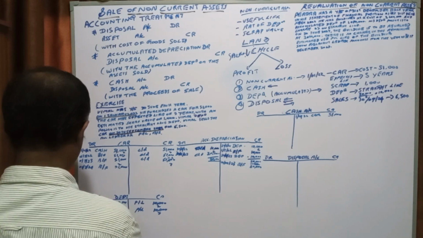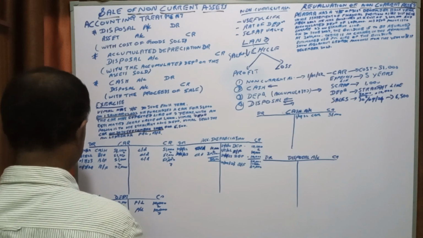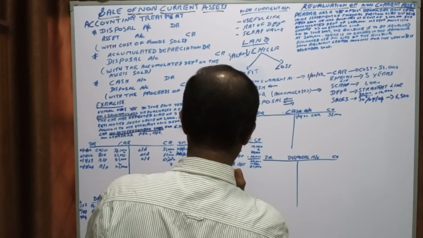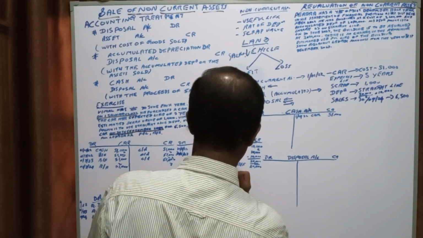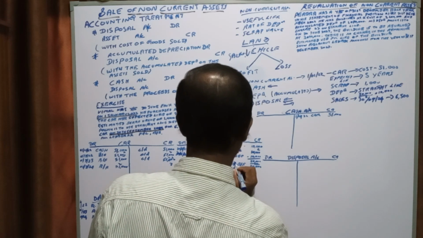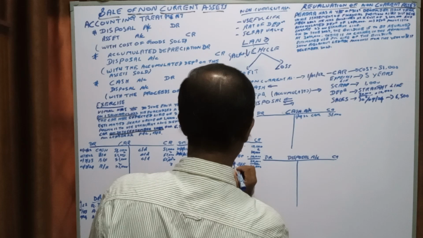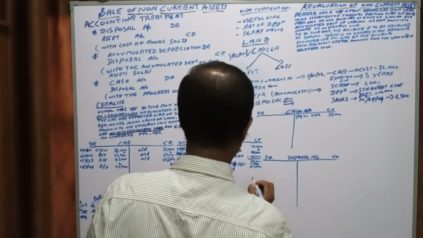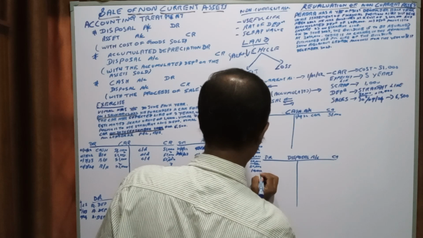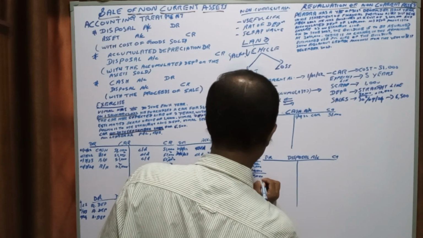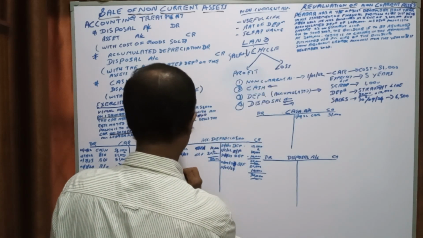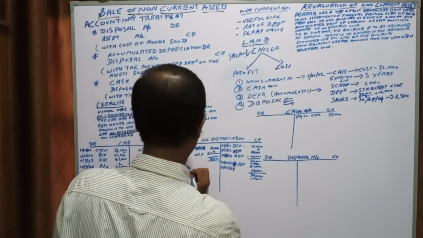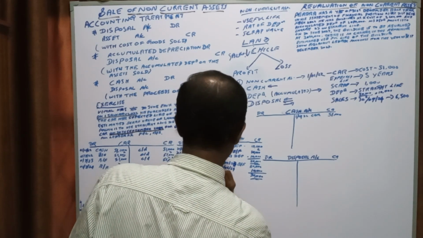Accumulated depreciation account debit 10,000, and on 30th June 2024 is 10,000, and this is 30,000 brought forward, carried down. On 30th June 2024, carried down 30,000.